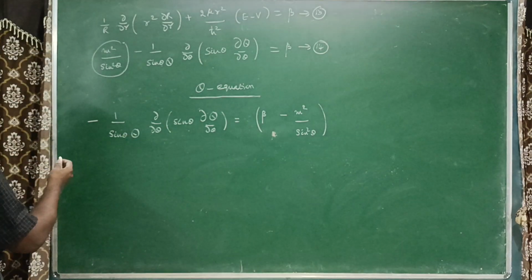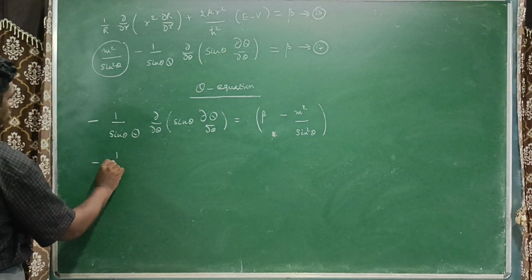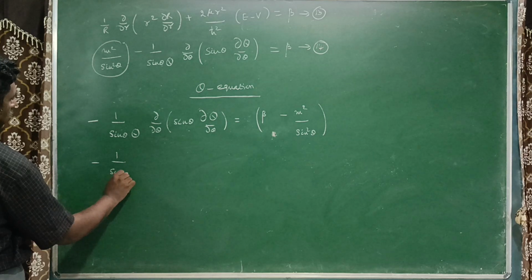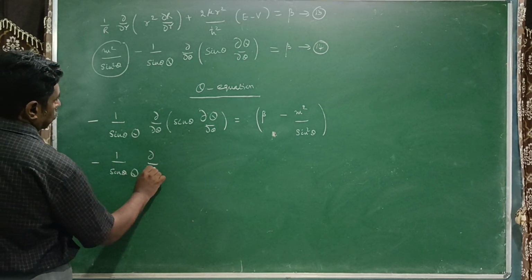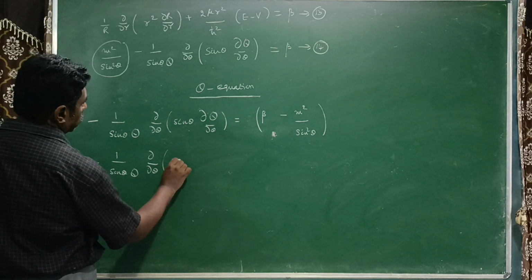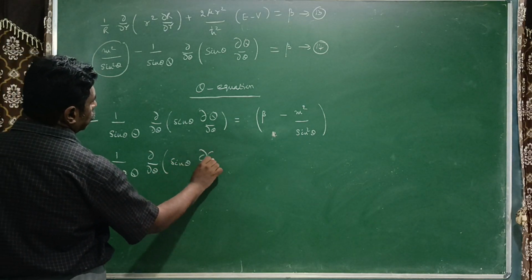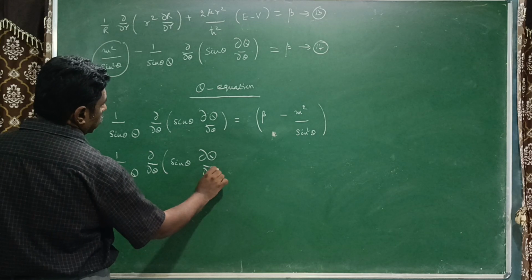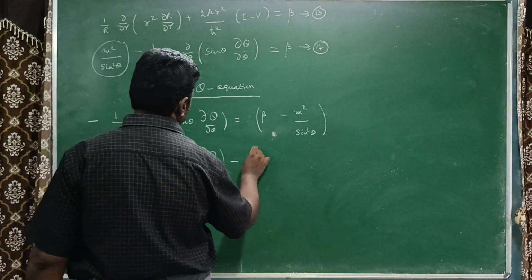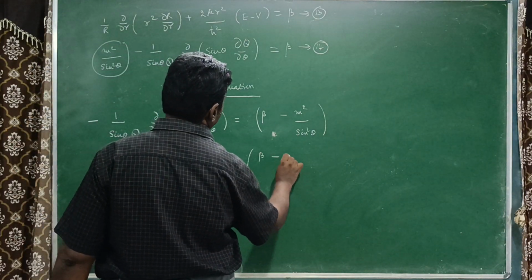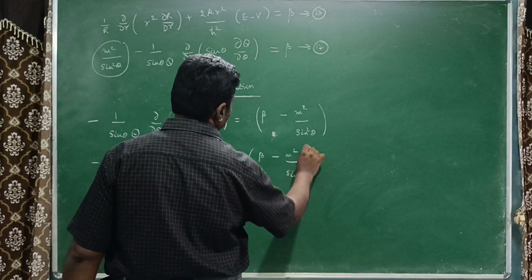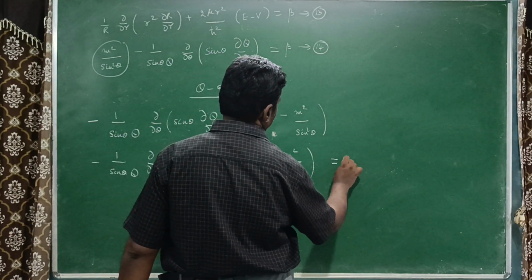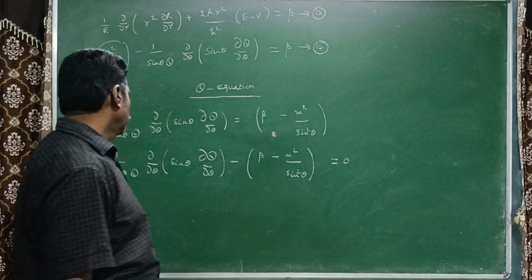Now bring all the terms to the left hand side: minus 1 divided by sin theta into capital theta, dou by dou theta, sin theta, dou capital theta by dou small theta, minus beta minus m square divided by sin square theta is equal to 0.